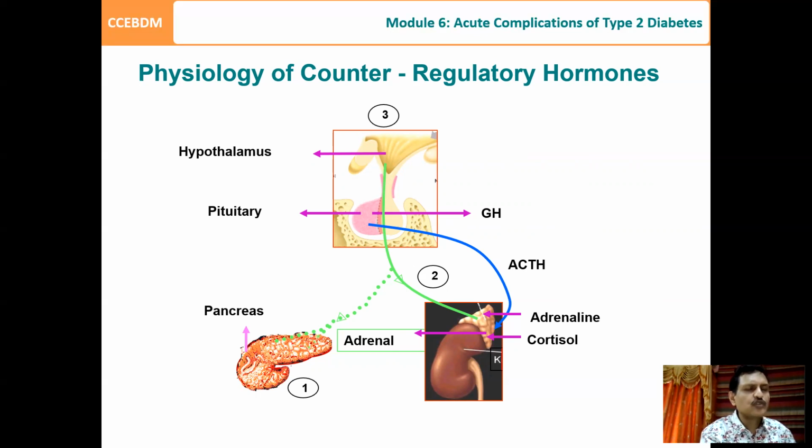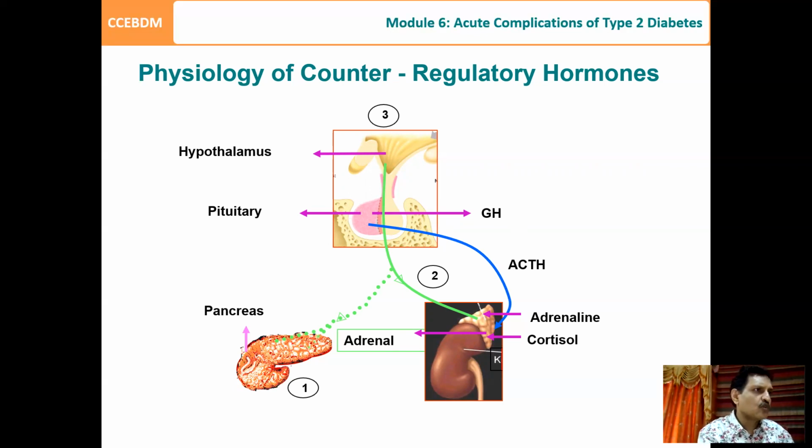So adrenaline gives rise to all the adrenergic symptoms that we perceive when the blood glucose level falls. It also prevents the liberation of insulin from the pancreas, and also increases the release of glucagon, which is the most important counter-regulatory hormone, and that shifts the metabolic process from glucose-dependent to fat-dependent.